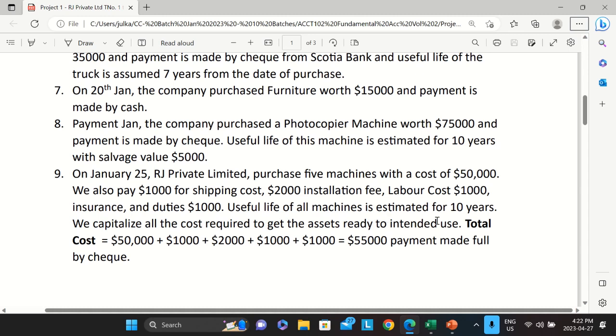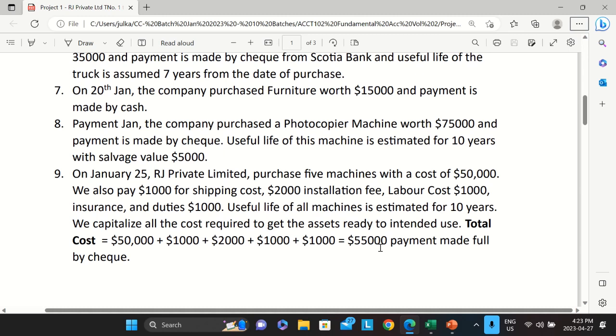So in this case, at the time of buying machines for the company, you need to add all the things, right? You are going to capitalize it. So we capitalize all the costs required to get assets ready for intended use. So total cost will be 50,000, 1,000, 2,000, 1,000, 1,000. That will be 55,000, the total amount, and the payment is made by check.